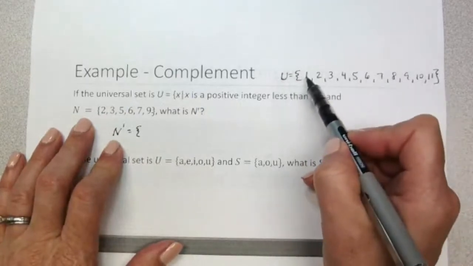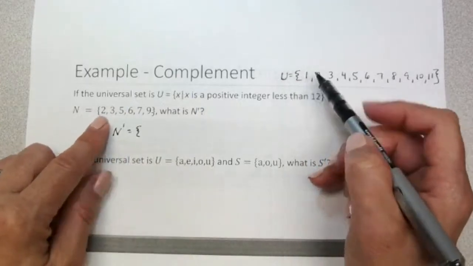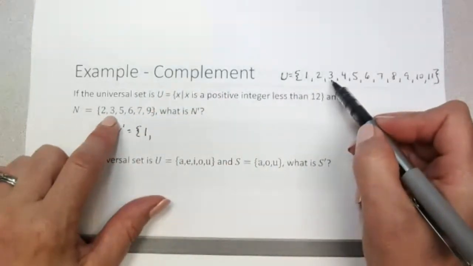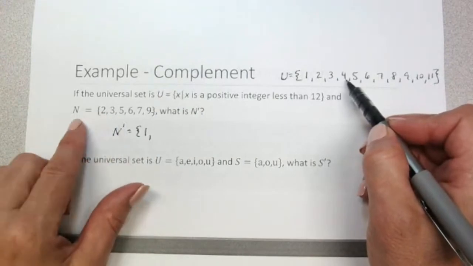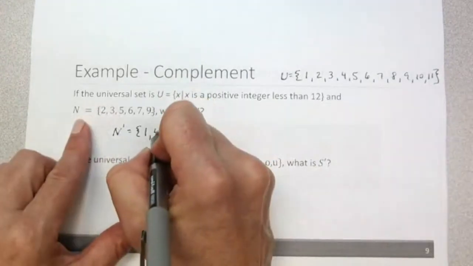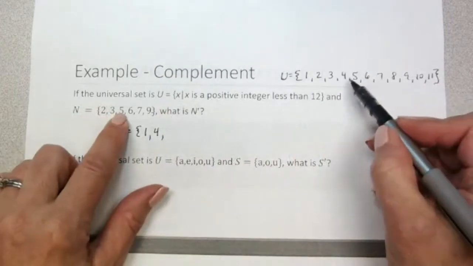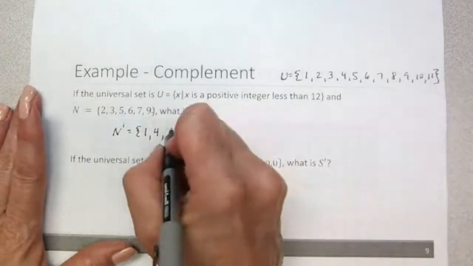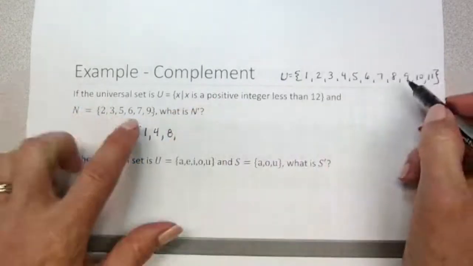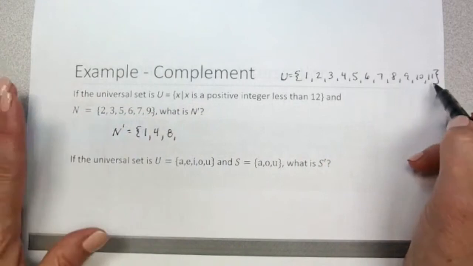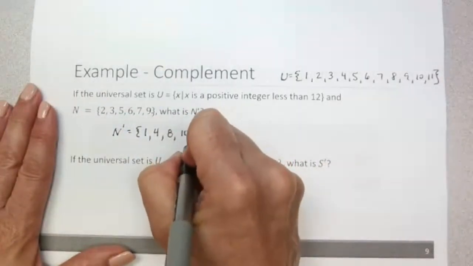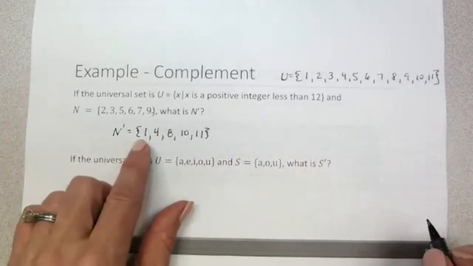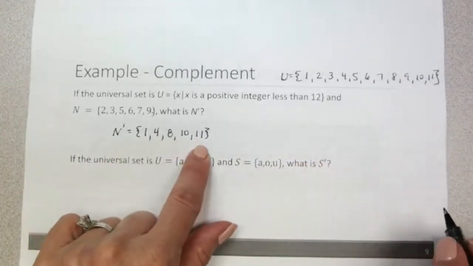In the universal set, we have a 1, and we do not have it in N. That means it would be in the complement. 2 is in N, 3 is in N, but 4 is in the universal set but not N, so that would belong in the complement. 5 is in N, 6 is in N, so is 7. 8, however, is in the universal set but not in N. 9 is in both. 10 and 11 are in the universal set but not in set N. So the complement of N is going to be 1, 4, 8, 10, and 11.